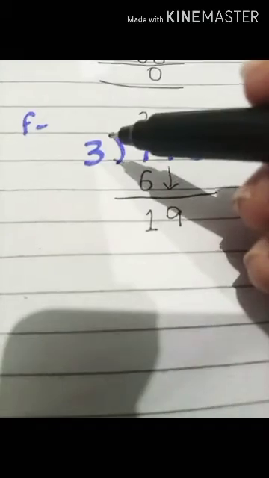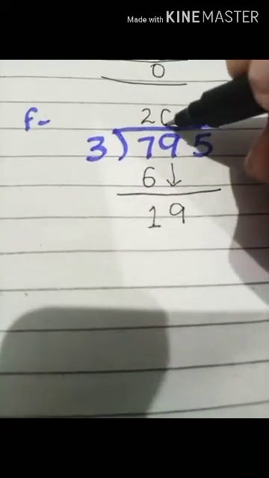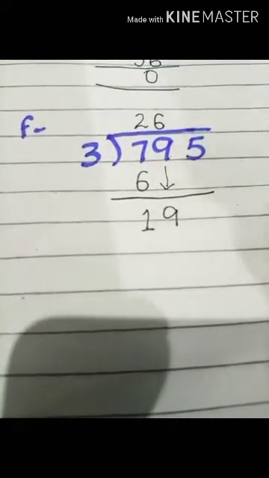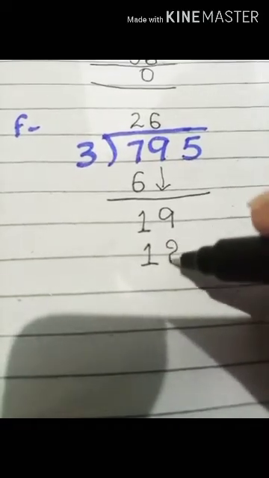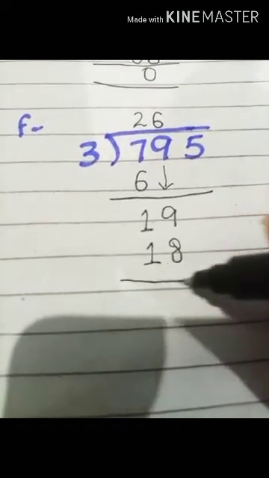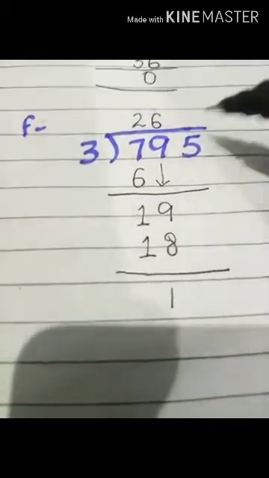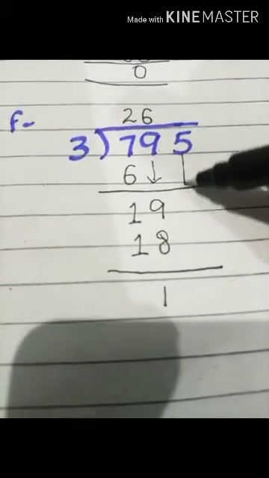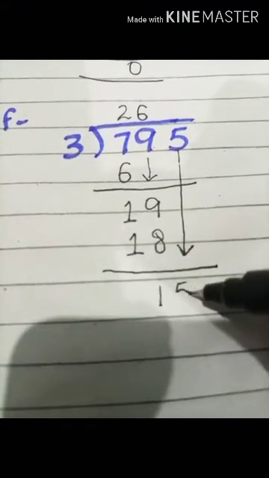So read the table of 3 to get 19 or the number smaller than 19. So students, 3 6s are 18. Here I am writing the number 18 beneath the number 19. So students, 9 minus 8 is 1. Now in the third step, bring the 5 down here, and this will become the number 15.